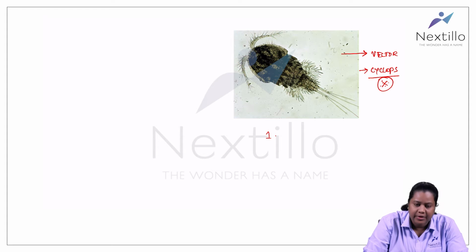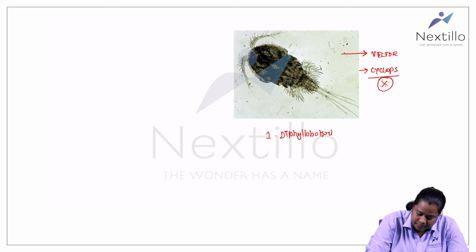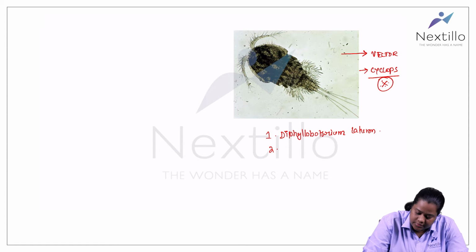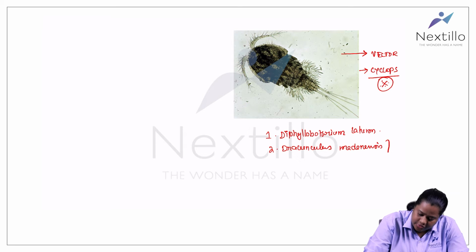The first disease I would remember is Diphyllobothrium latum. And the second disease is Dracunculus medinensis, also called the guinea worm disease.